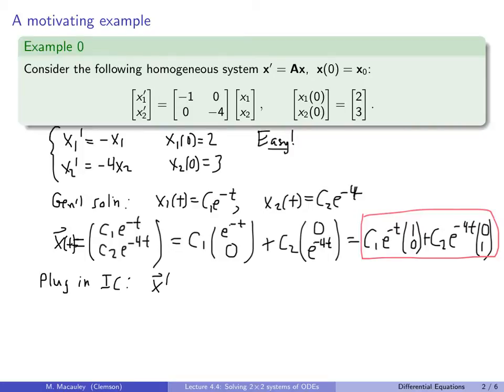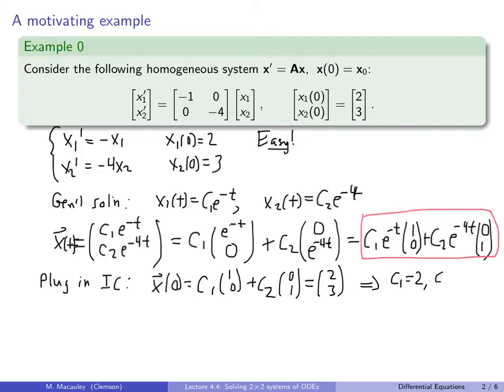So x of 0 is c1 times (1, 0) plus c2 times (0, 1), and we set that equal to our initial vector, (2, 3). So it's easy to see, something you already knew, that c1 equals 2 and c2 equals 3.